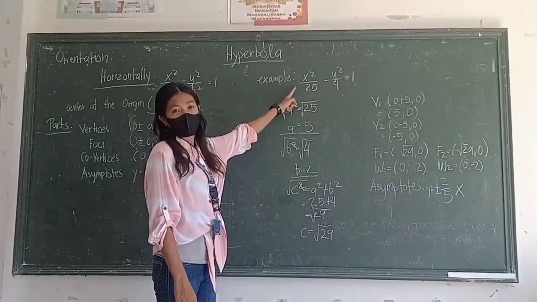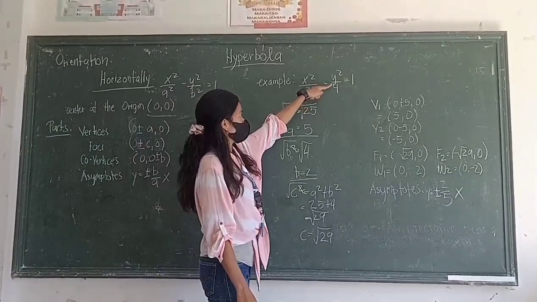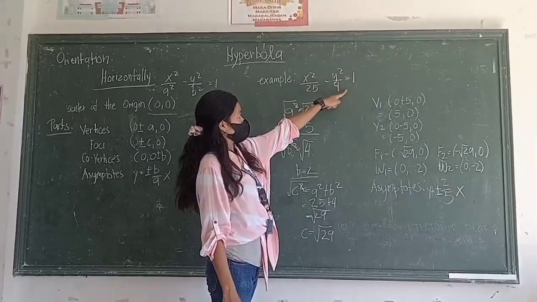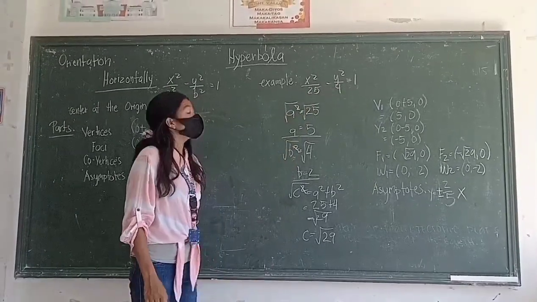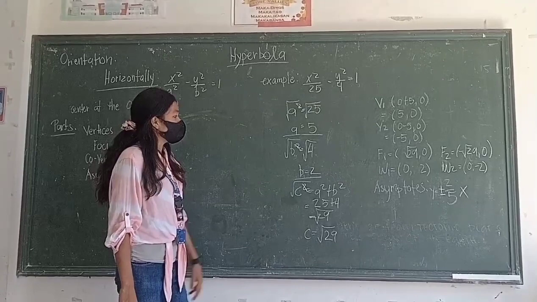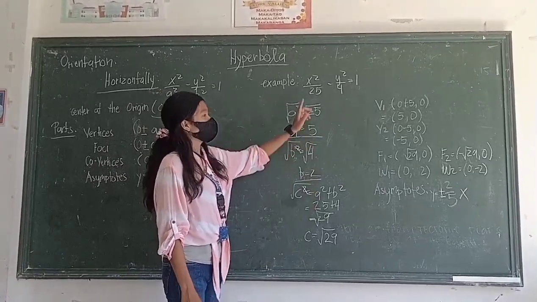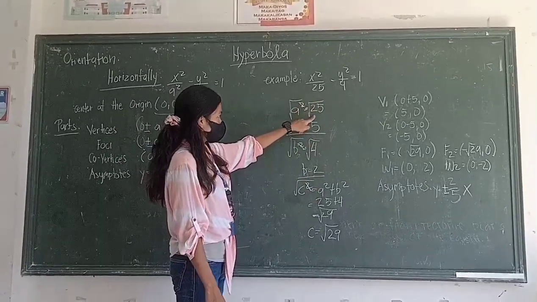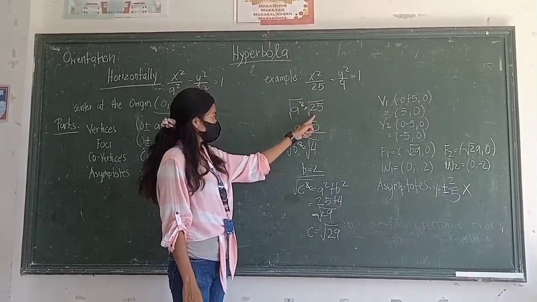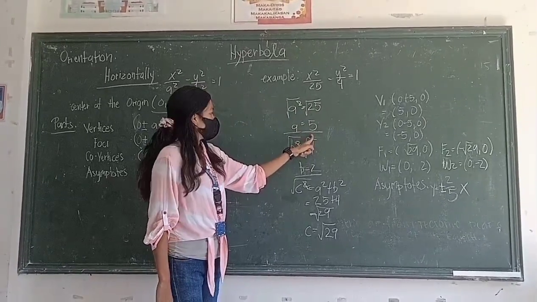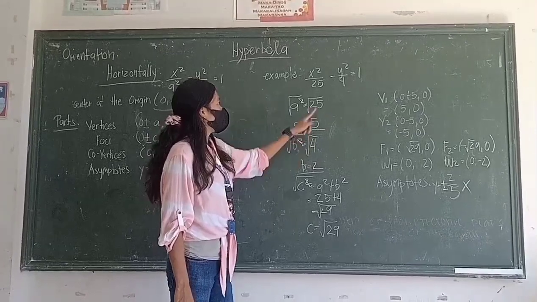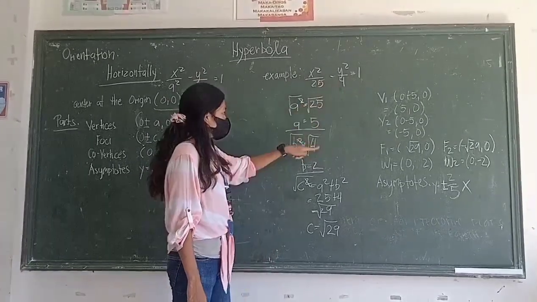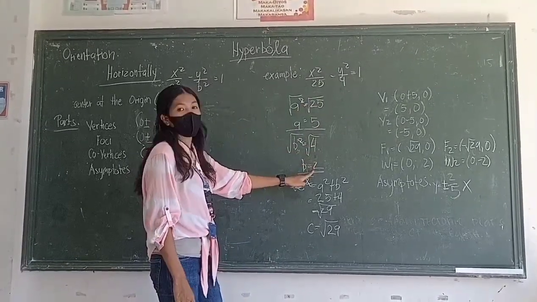Example, x squared over 25 minus y squared over 4 is equal to 1. First, we need to find a, b, and c. We have the value a squared is equal to 25. The square root of 25 is equal to 5. Next, b squared. b squared is equal to 4. The square root of 4 is equal to 2.